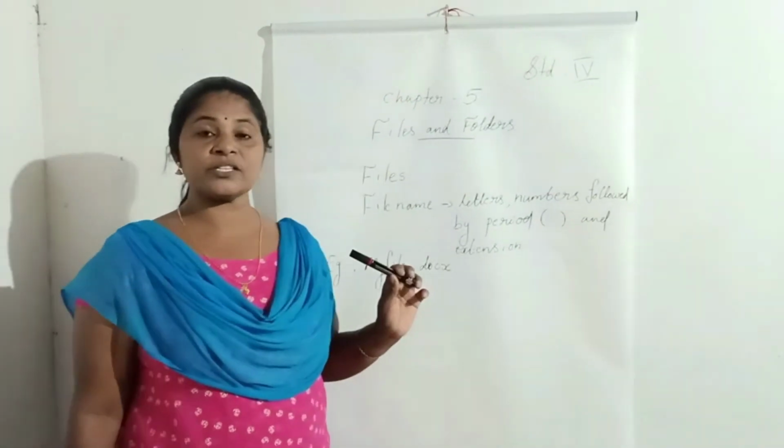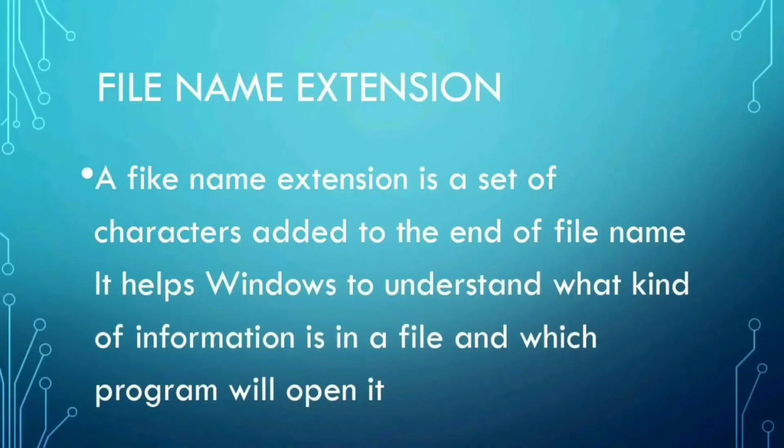What is an extension? A file name extension is a set of characters added to the end of a file name, and it helps Windows to understand what kind of information is in a file and which program will open it.